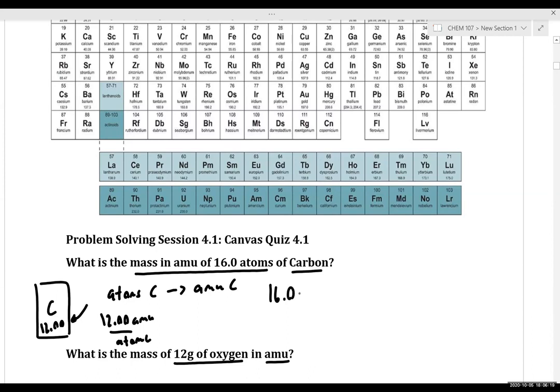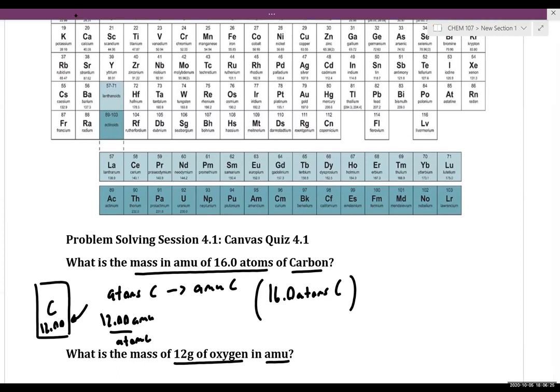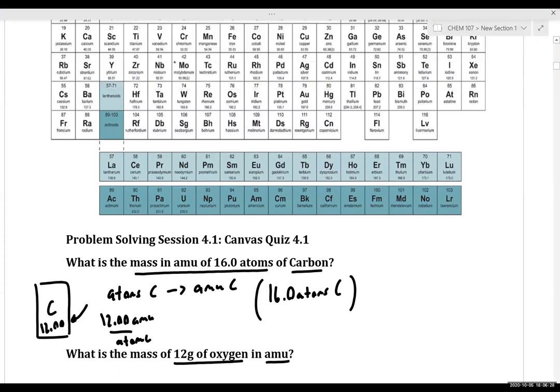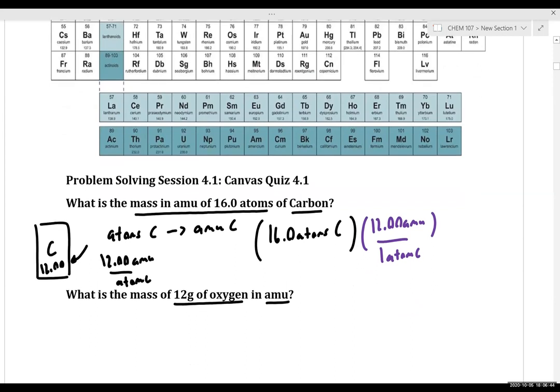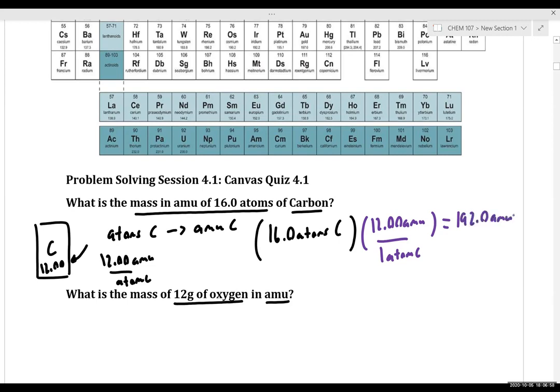If we have 16.0 atoms of carbon, we know that we have 12.00 AMUs per 1 atom of carbon. And that in turn gives us 192.0 AMUs.